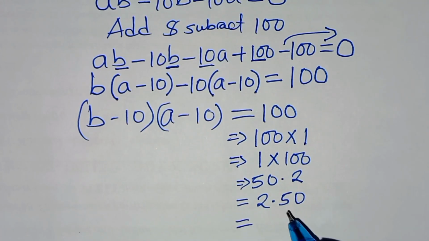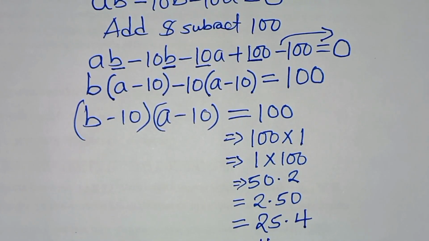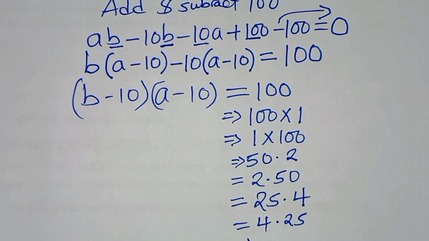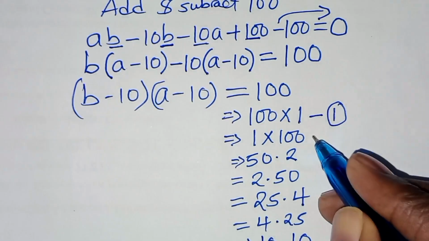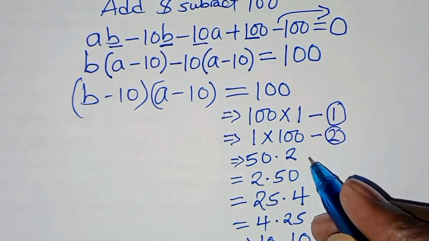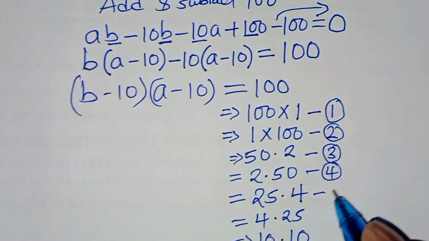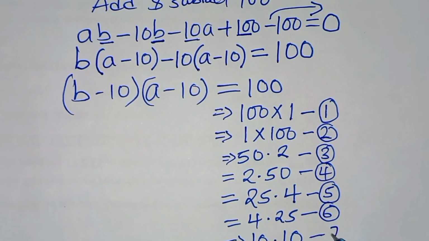We also have 25 times 4. We also have 4 times 25, the same thing as 100. Then we also have 10 times 10. So here we have case 1, case 2, case 3, case 4, case 5, case 6, and lastly we have case 7.